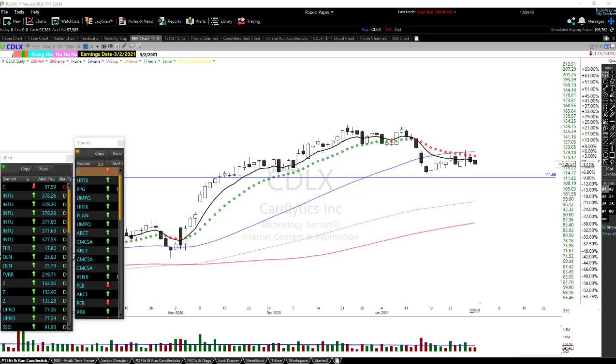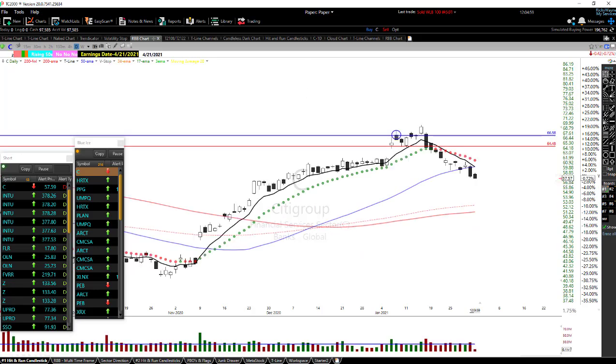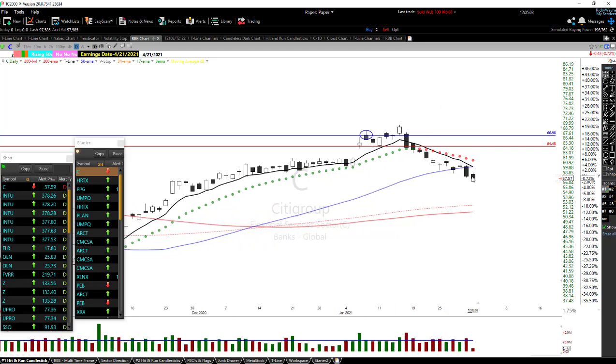Let's see, Val, do you ever go short on the breakdown instead of waiting for the rally up? Yes, Val, absolutely. Let's go look at C here, and I'm going to read your question again. Do you ever go short on the breakdown? So, Val, would you be meaning maybe Friday's candle, the breakdown here?